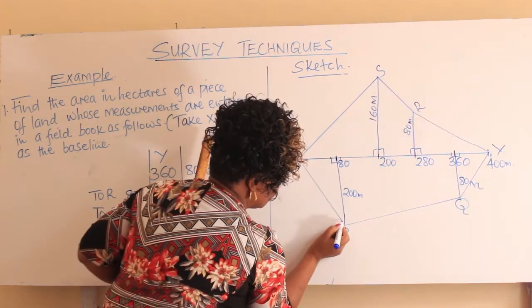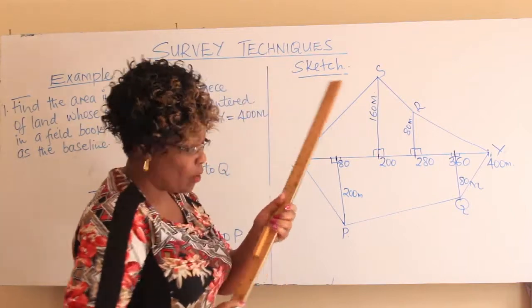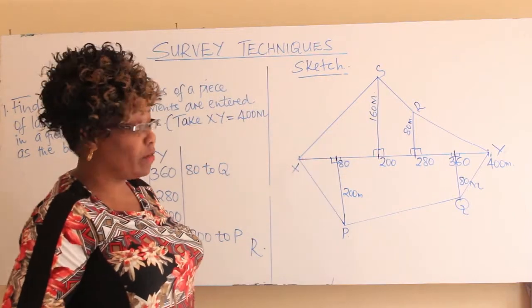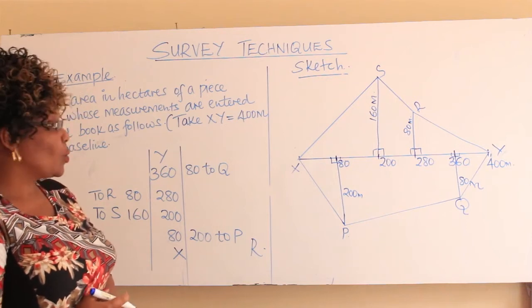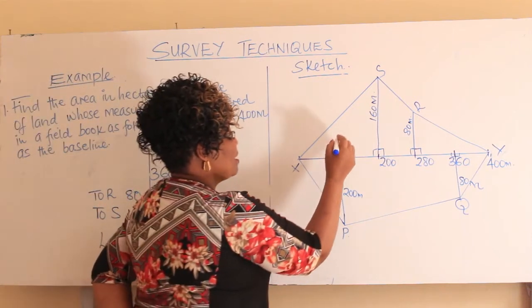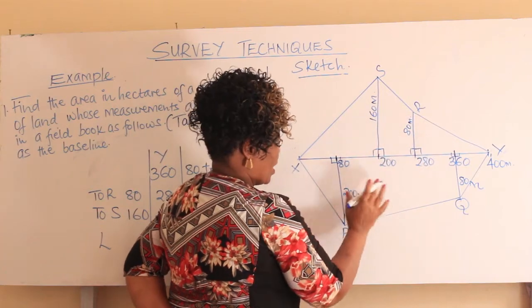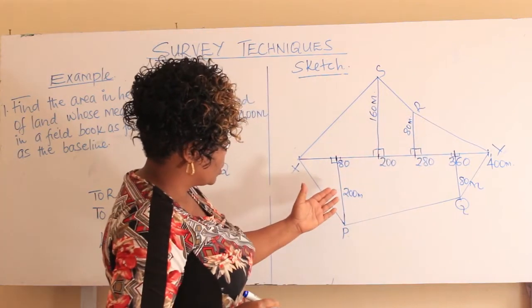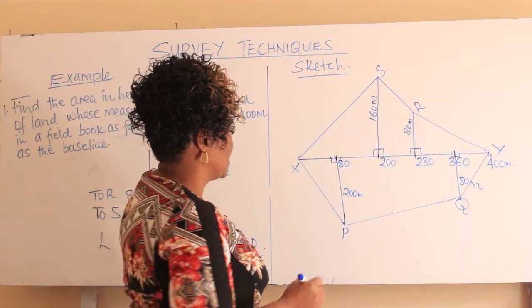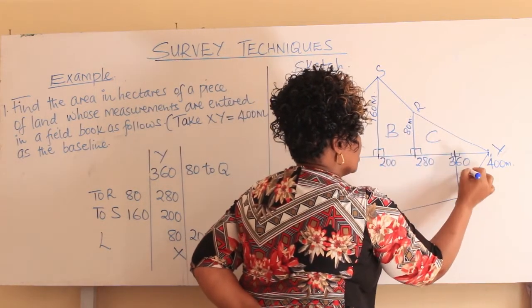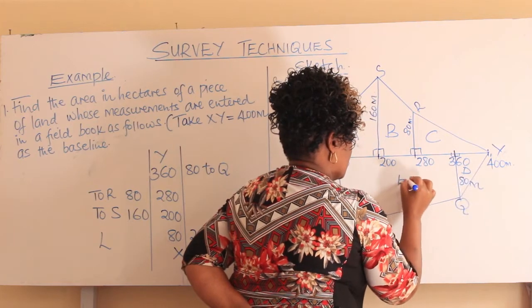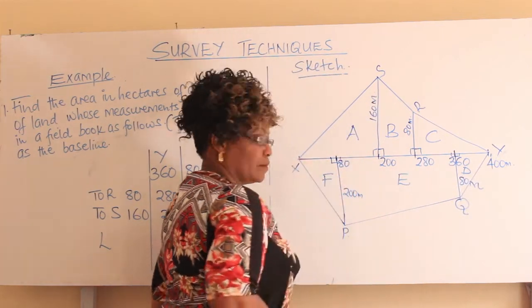So learner, you now have your sketch of the piece of land, and all the measurements are in meters. You label these regular plain figures as A, B, C, D, E, and F.